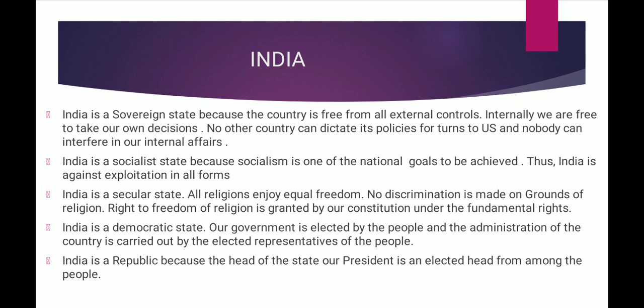For that purpose, an electoral college is formed. The MPs and MLAs are the members of the electoral college and they elect the president. On the other hand, in spite of being a democracy, England is not a republic because its head of state is hereditary, the king or queen.